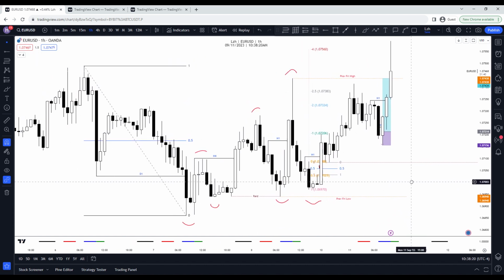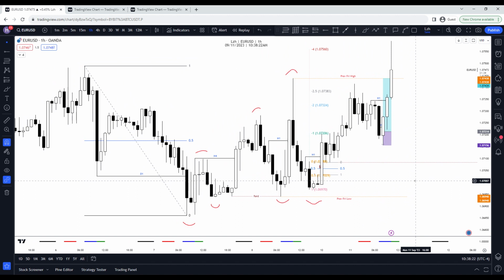I've known this strategy for a couple of months, but I haven't really used it much until last week. I started to realize that this is a very strong tool, just by marking out the higher low, higher high, lower low, lower high.